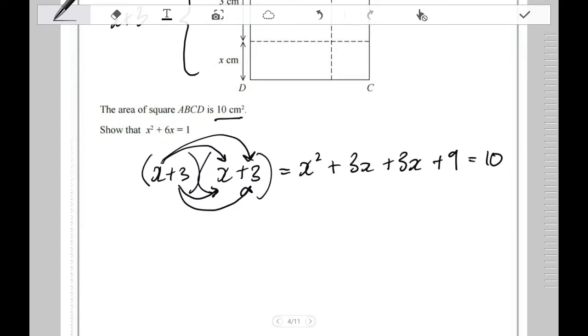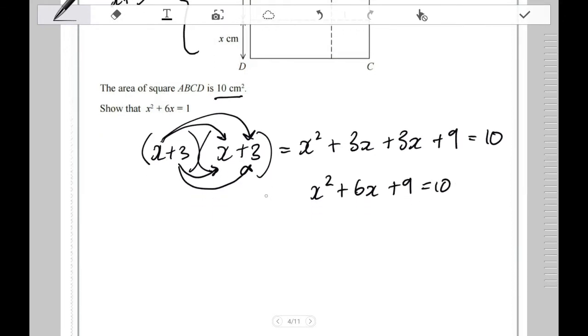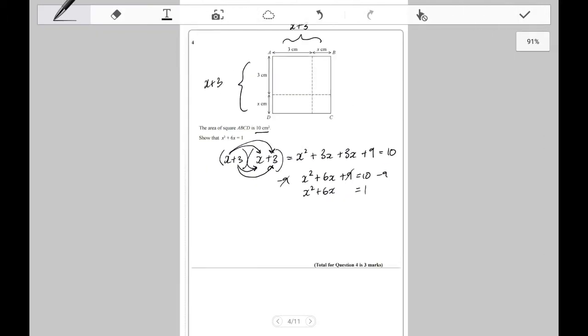If we simplify that, x squared plus 6x plus 9 equals 10. Let's subtract 9 from both sides. These two cancel, and this becomes 1. So you have x squared plus 6x equals 1. And that's your answer.